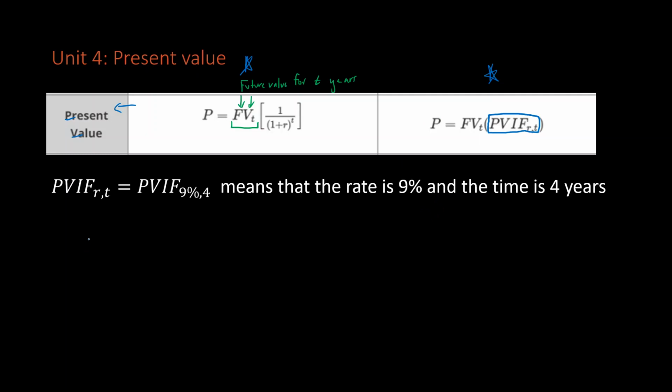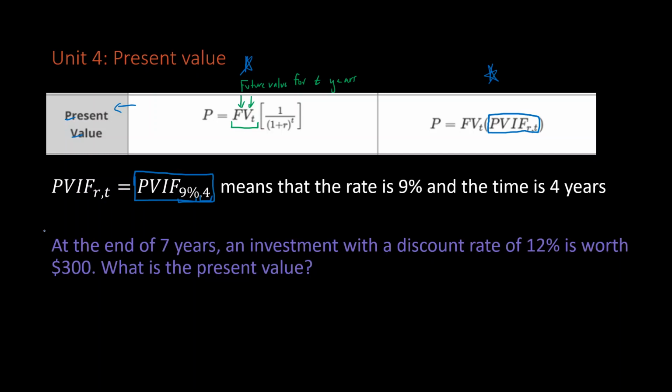As an example, this PVIF sub RT is a way of representing a variable for present value at a rate, which you would specify, in this case 9%, and a time of 4 years. Again, the point is just to be compact. This is a very short and easy way of saying something that would take 2 sentences to actually write out.